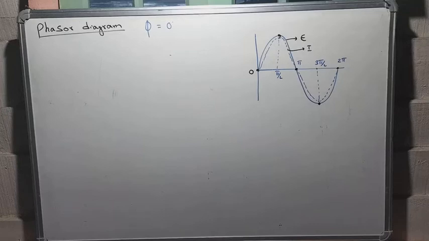That new concept is the phasor diagram. In a phasor diagram, we represent the current and the EMF as rotating vectors which rotate with some angular speed and have some phase difference between the two.